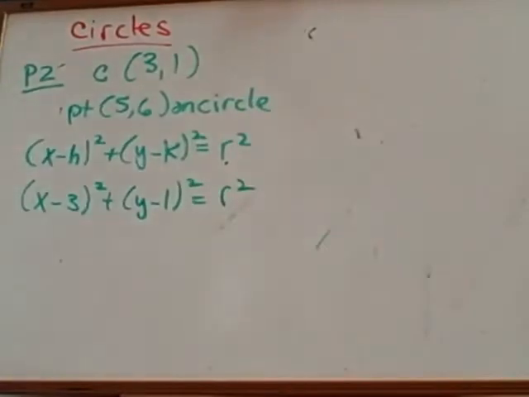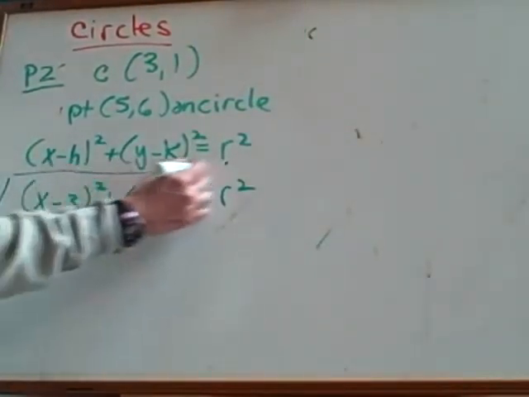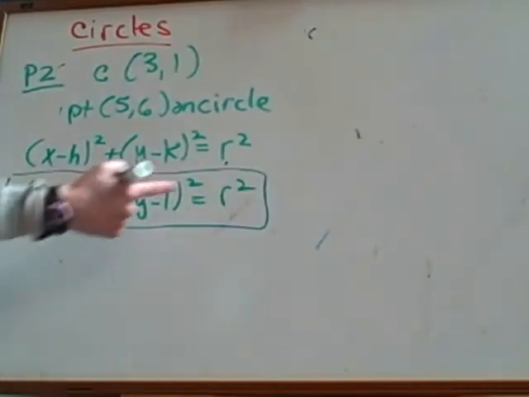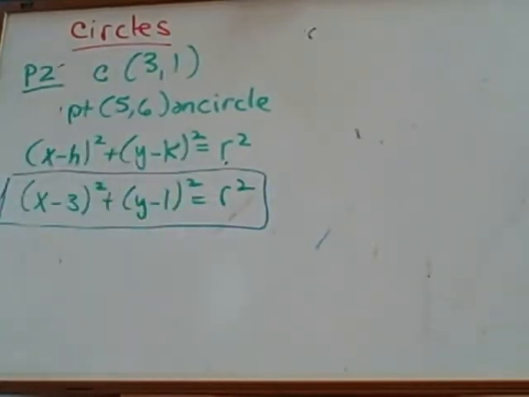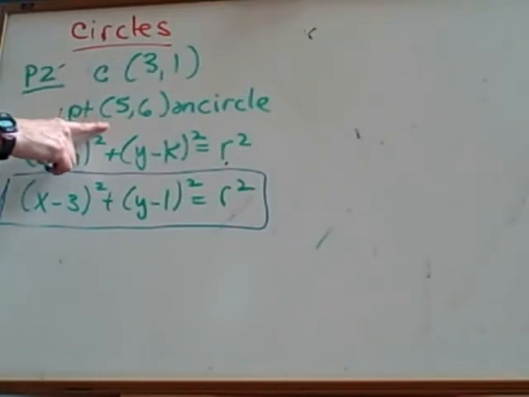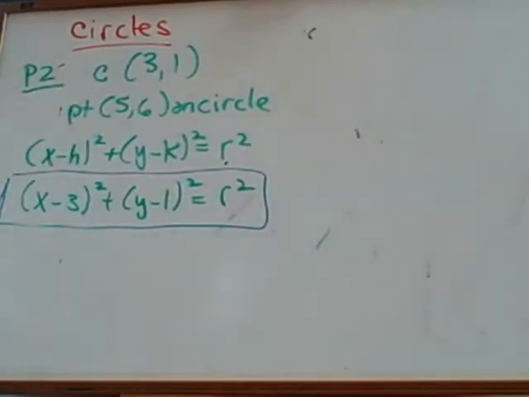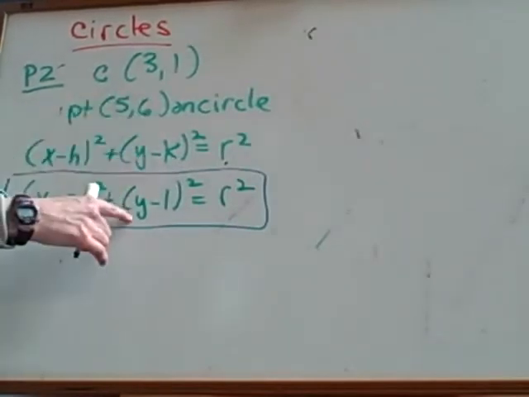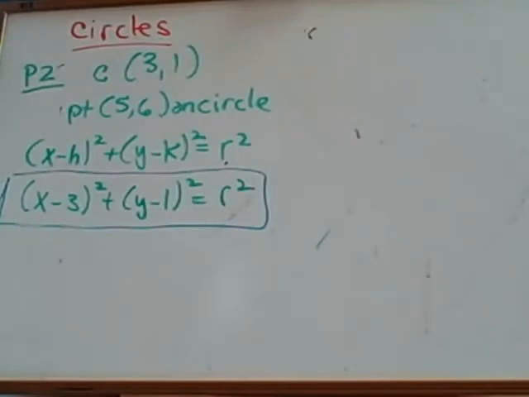You're probably going to use way 2 more often than you would way 1. Okay. What you do is we have this form right here of our equation. What we're missing is the radius, right? But we know that this point actually lies on the circle, this (5, 6). Well, a point is always in the form (x, y). So what I can do is plug in 5 for x and 6 for y and then solve for r squared. Okay, it's just another way to do it.